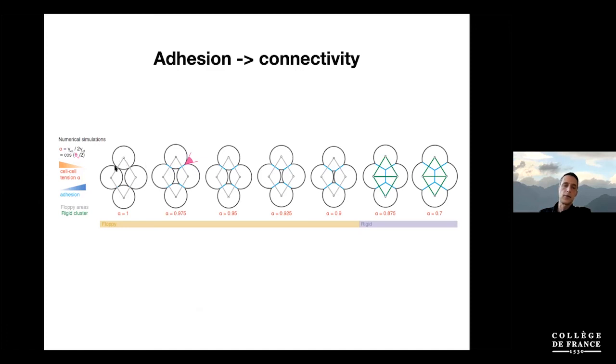And then you go from a floppy topological structure into a rigid topological structure. So this was just important to make a connection between the function of cell adhesion in establishing contacts between cells in close proximity and the emergence of rigid topological structure. So thereby linking adhesion to tissue rigidity.